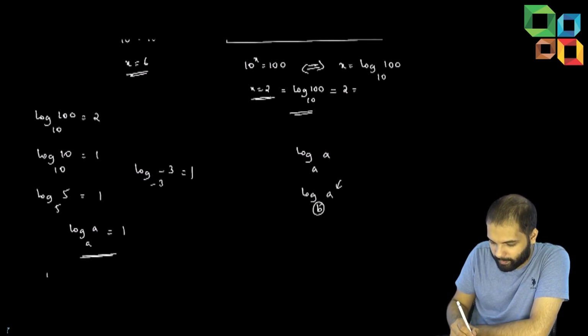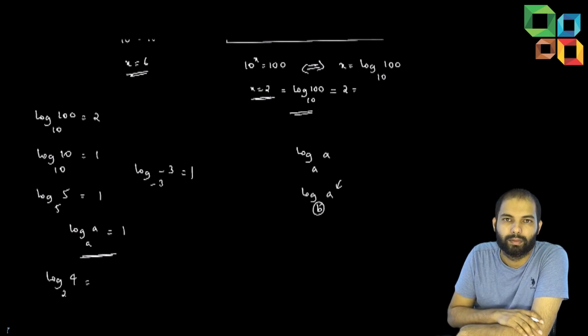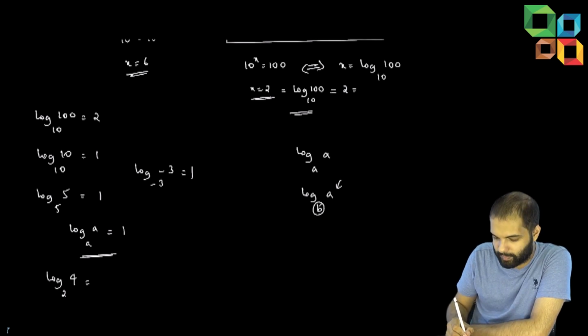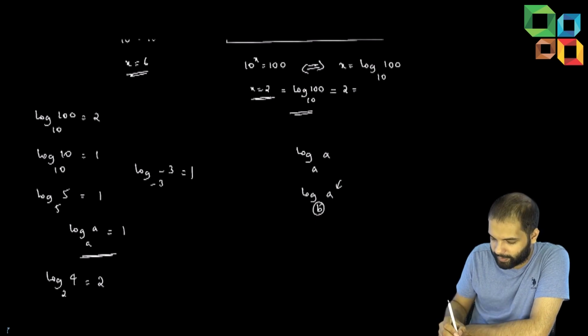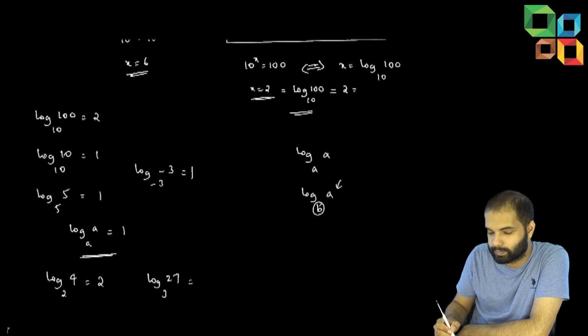Let's see some more examples. Say log 4 base 2. Got it? Yes, 2. We're saying it's 2. Fine. Say log 27 base 3.